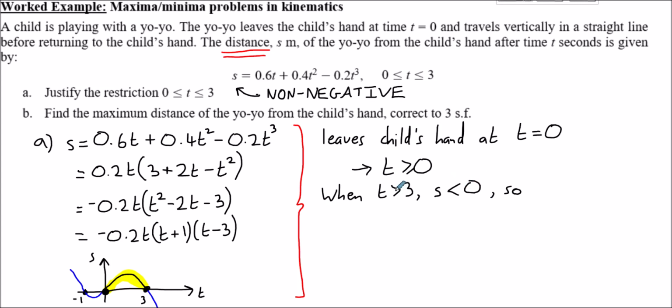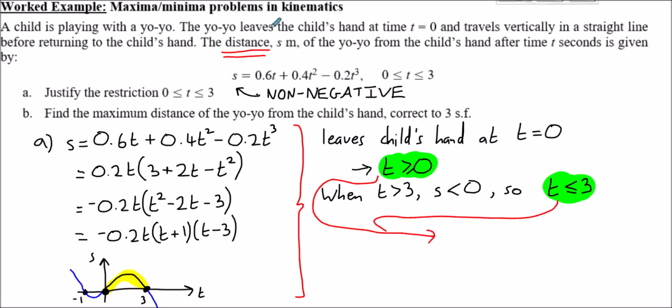So t has to be not greater than 3. Now we can piece these two bits together. So we've got that t is equal or greater than 0. We also have that t is equal to or less than 3. So putting these two bits of information together, we can now say, therefore, t has to be between 0 and 3.